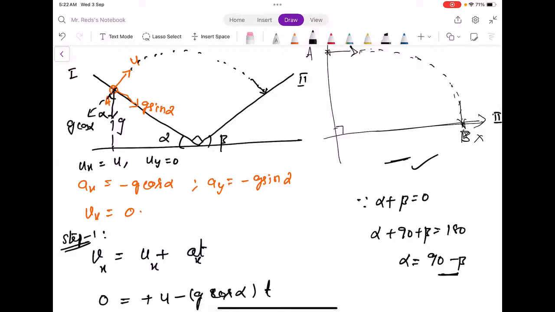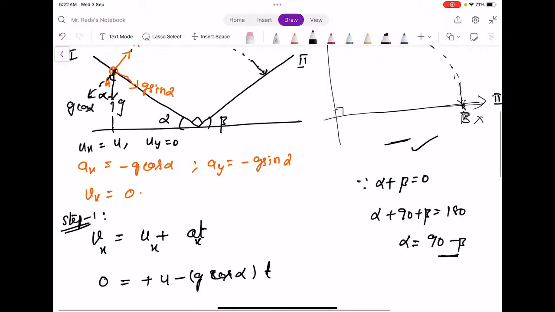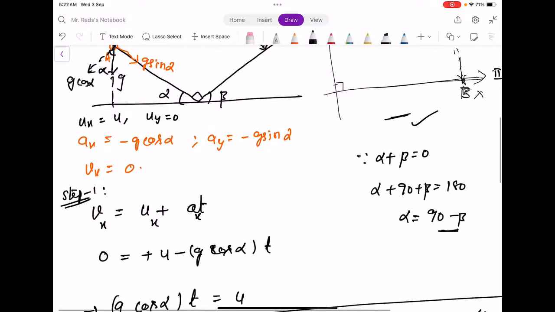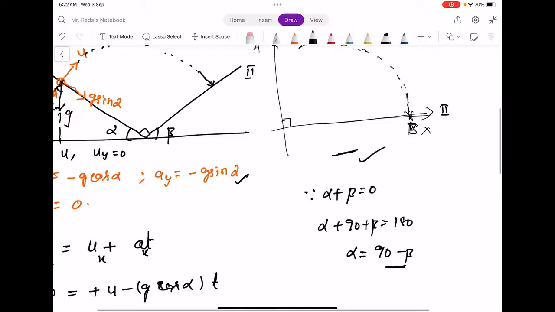By symmetry, g makes an angle alpha with the x-axis, so ax is g cos alpha. As it is in the opposite direction to u, we consider it as minus g cos alpha, and ay is minus g sin alpha.